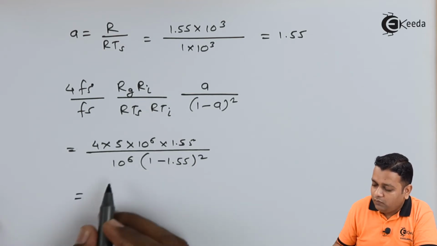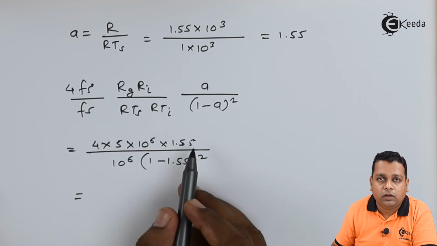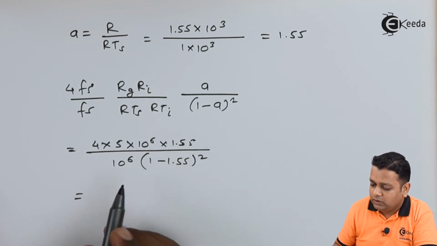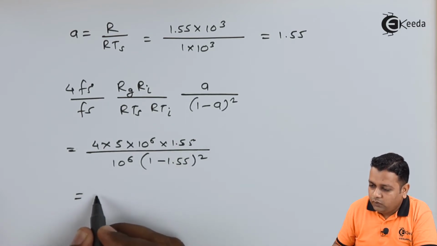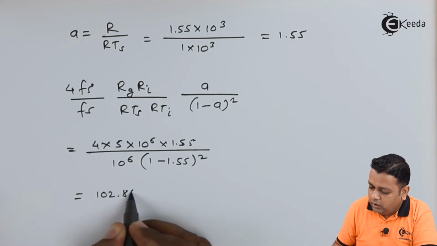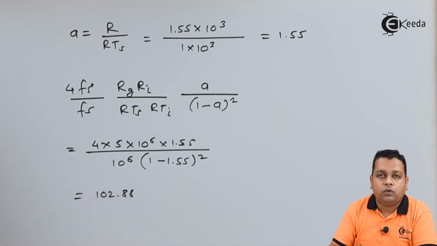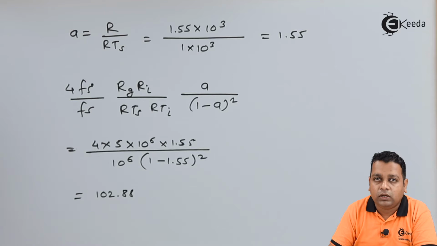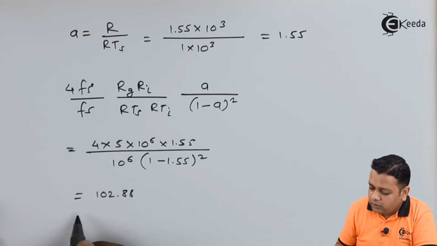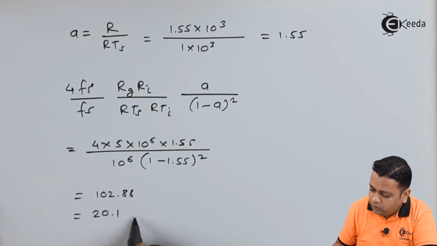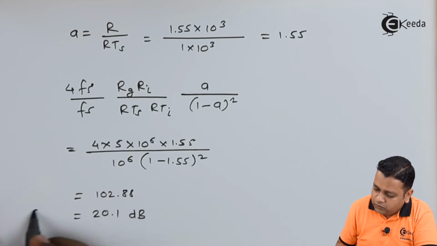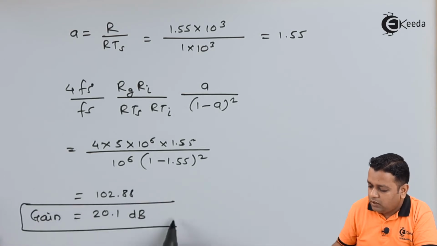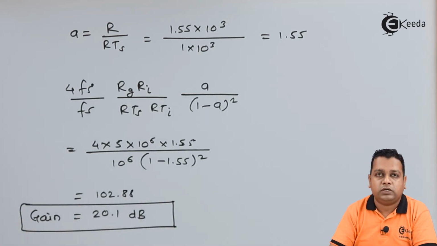The simplified value obtained by simple multiplication and division gives us 102.88. Now converting it to decibels, we obtain the gain equal to 20.1 decibels. This is the value of required gain for the parametric amplifier under consideration.